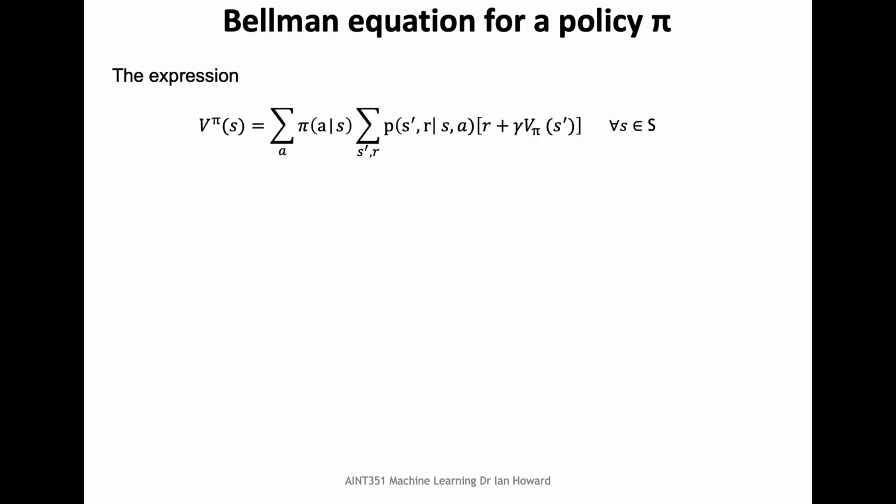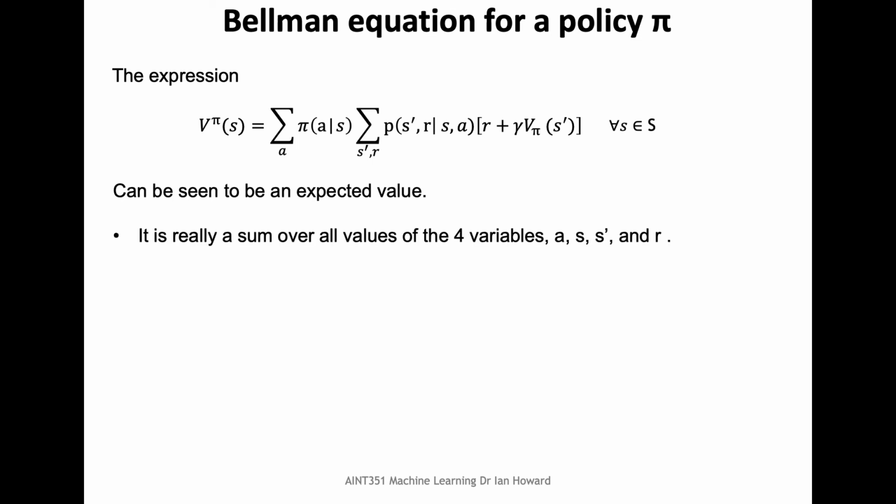So this expression is an expected value, right? And it's really just a sum across four variables in the way we've written it here. It's a sum across all actions, the current state S, and also rewards. Like I said, pi A of S is the probability of action A given the state S, so that's the policy.